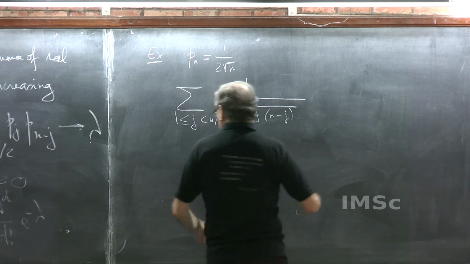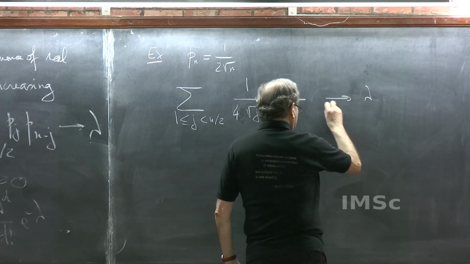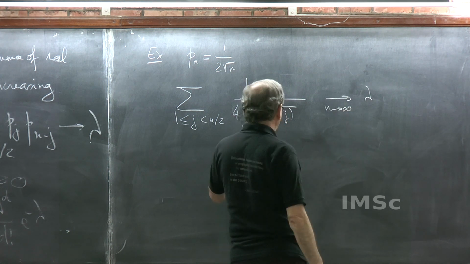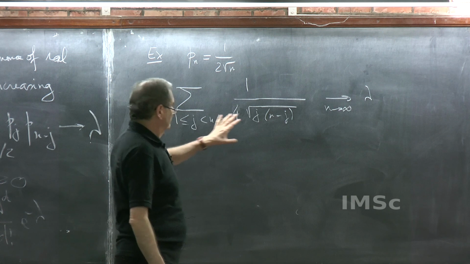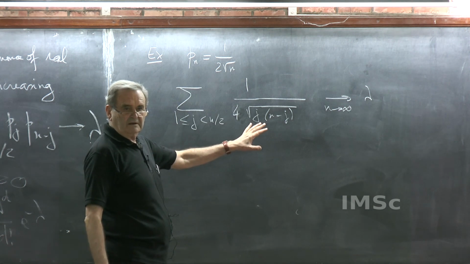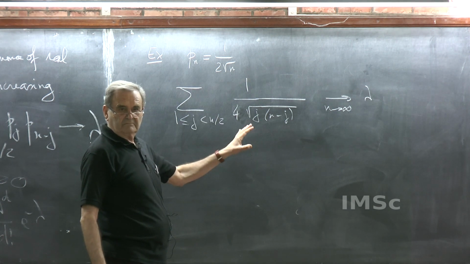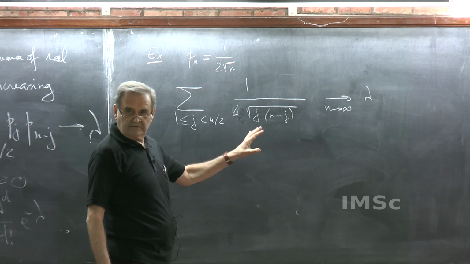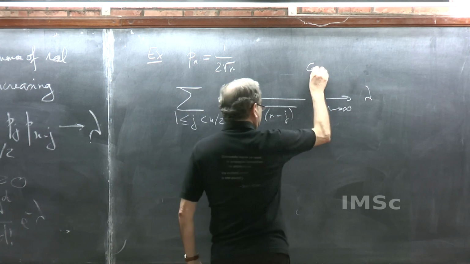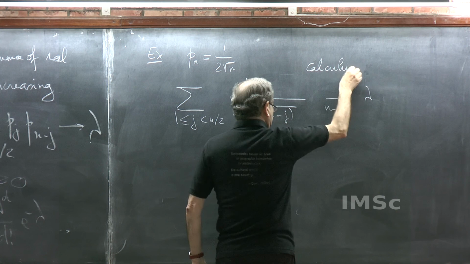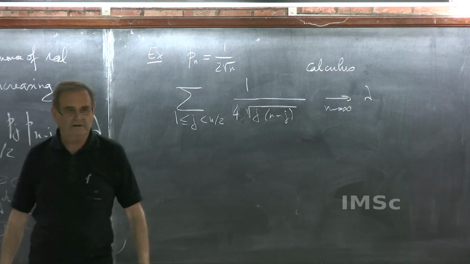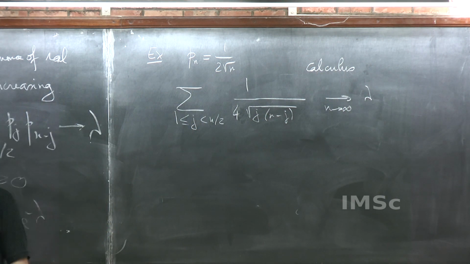So this tends to lambda when n tends to infinity. This has nothing to do with probability nor with number theory. This is just calculus. Compare with an integral. Okay? Good.